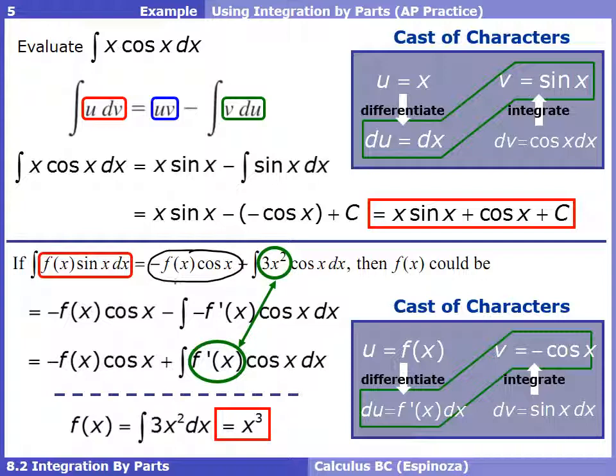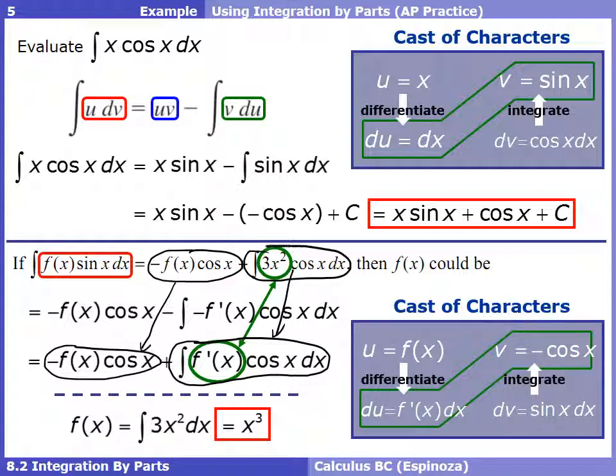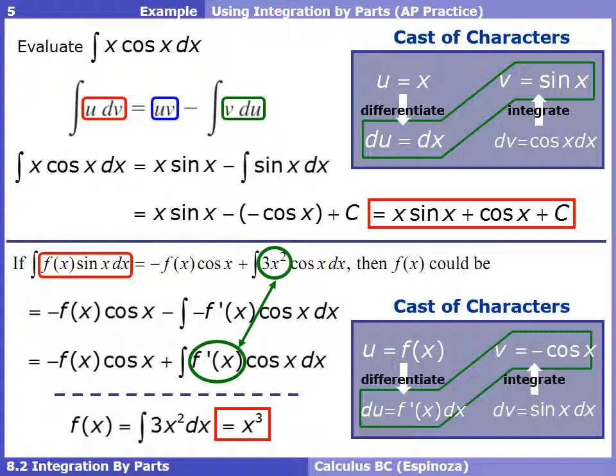We have a negative f of x cosine x right here, and then we have an addition of some integral that you can see right there as well. I'm making this a little messy by circling all of these, but I hope you can see that this definitely was the right path to go on. So what can we identify from this problem? Well, you can notice f prime of x is matching up with 3x squared.